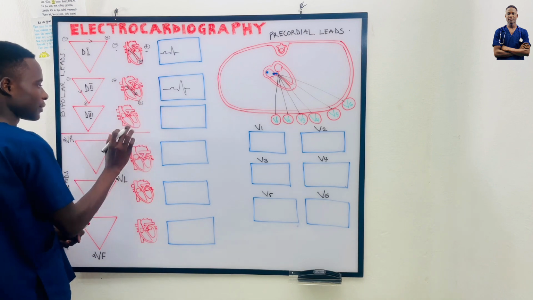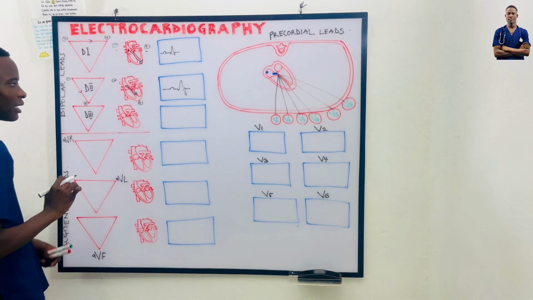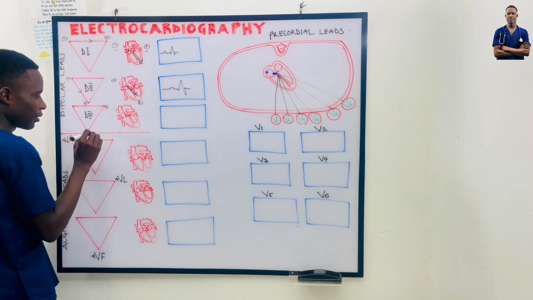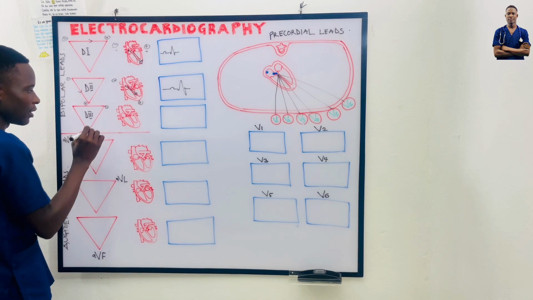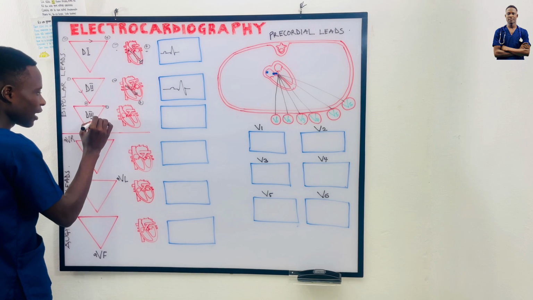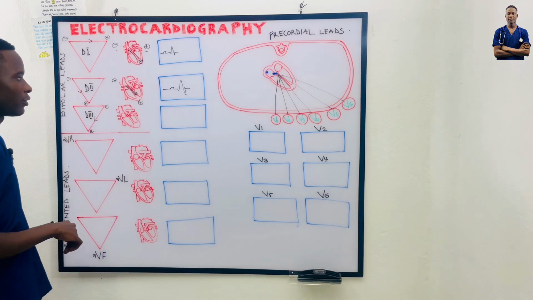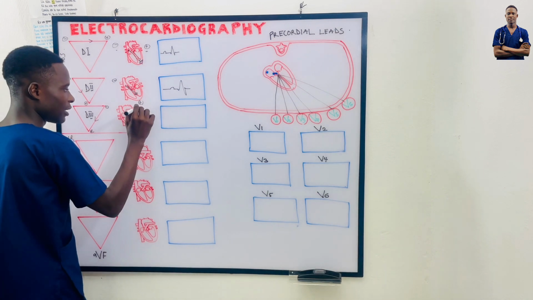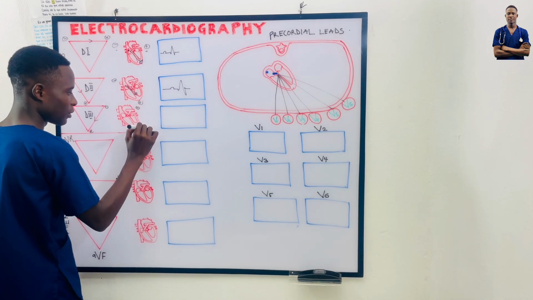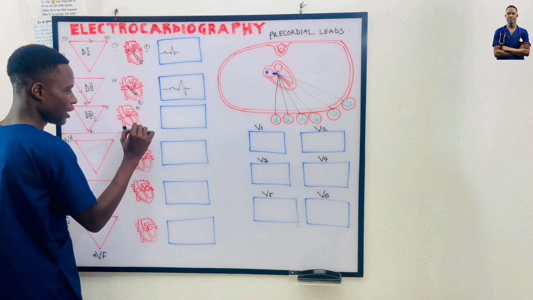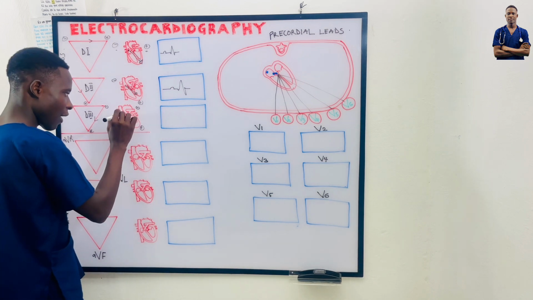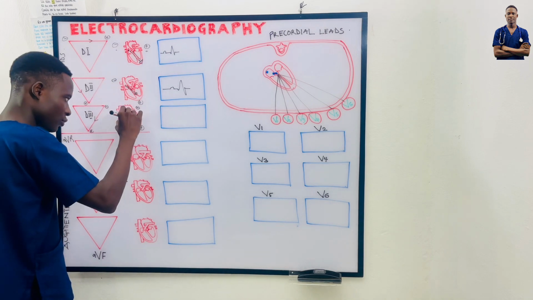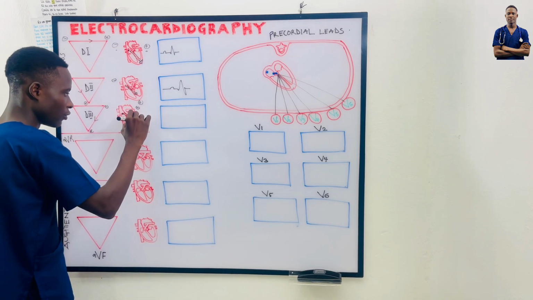Now let's look at the third one. The third one has the negative here and the positive here, and the movement of the vector is towards this side. When you take that one, it has the negative here and the positive here, and as we generate our action potential from the SA node, we transmit it downwards.